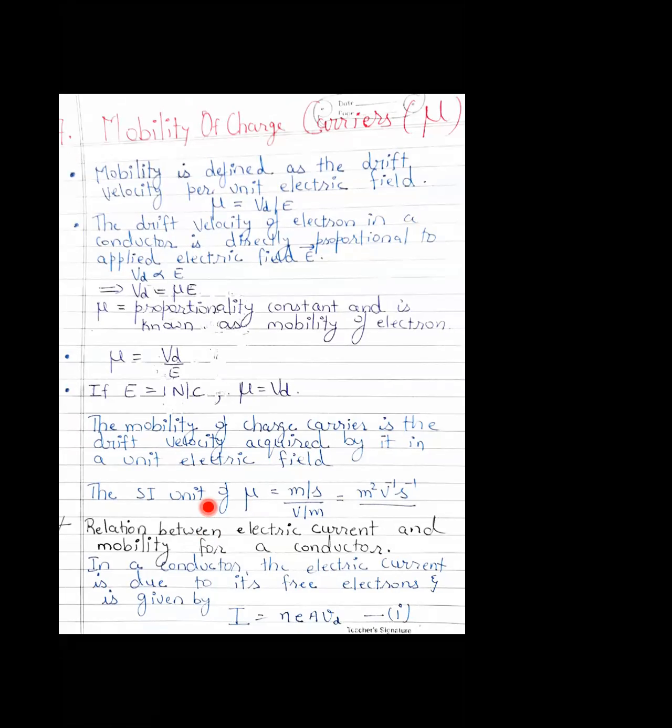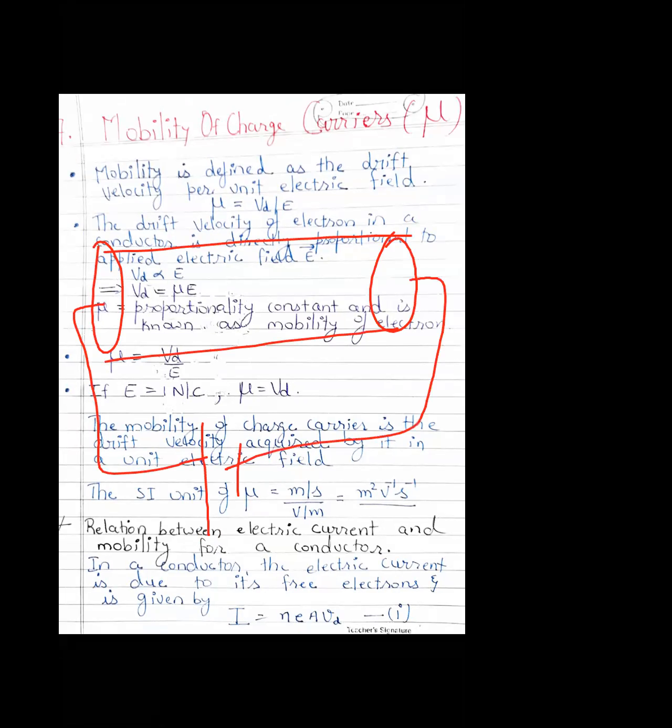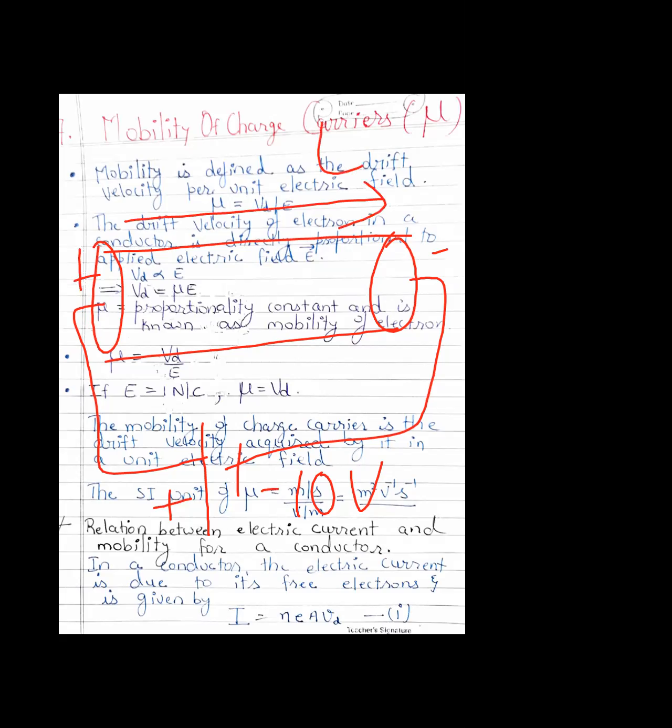So mobility. Suppose we have a conductor over here. I am drawing a conductor here and connecting it to a battery, and suppose the battery is of 10 volt. Because of this positive and negative, the electric field will be developed from positive to negative, and the free electrons present inside the conductor will be drifted towards the positive side.